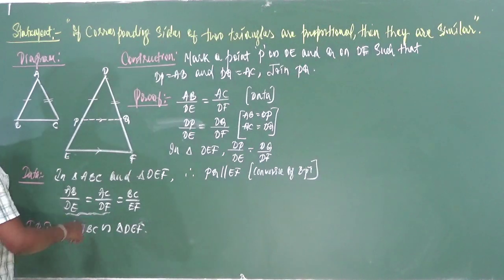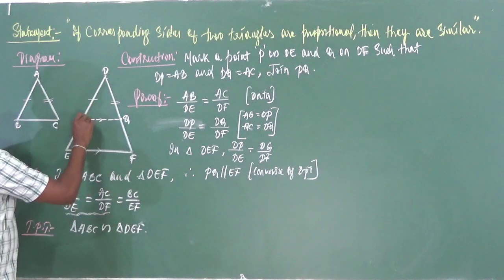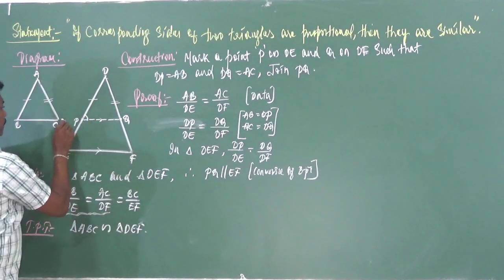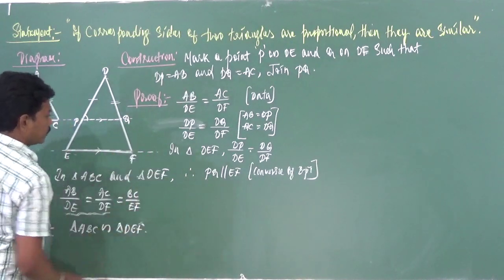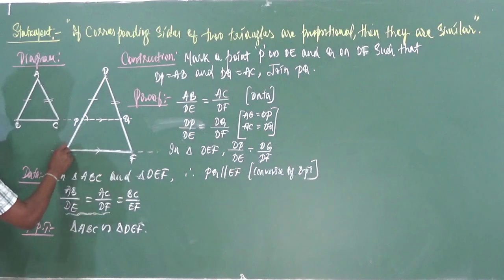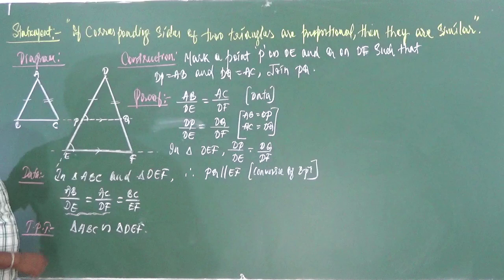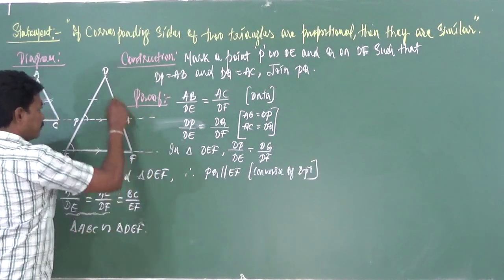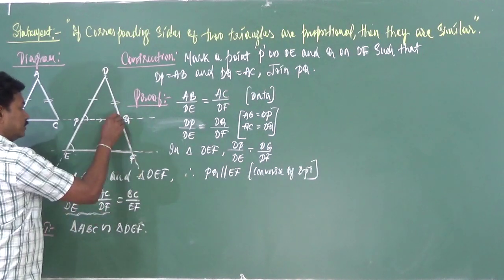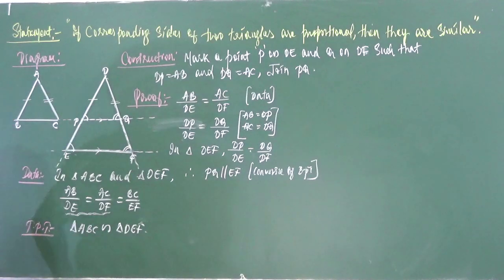Now if PQ is parallel to EF, no doubt this angle, because this line and this line are parallel to each other, just as we have proved, and this becomes the transversal. Therefore this angle and this angle become the corresponding angles and they are equal. Again, considering these as parallel lines and this as the transversal, this angle and this angle become equal. So they are corresponding angles.